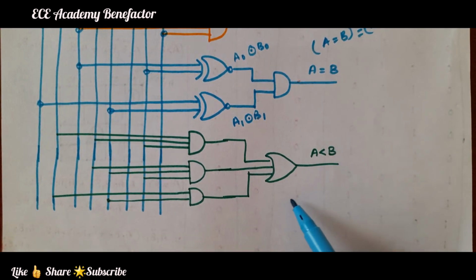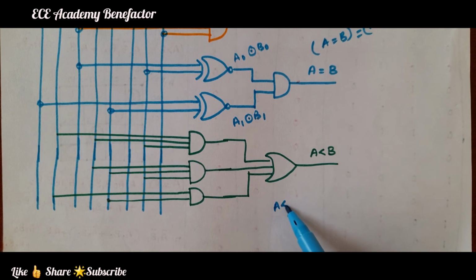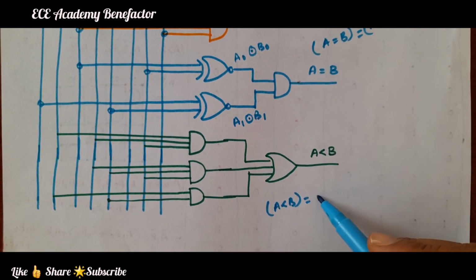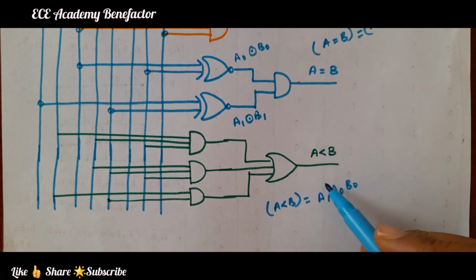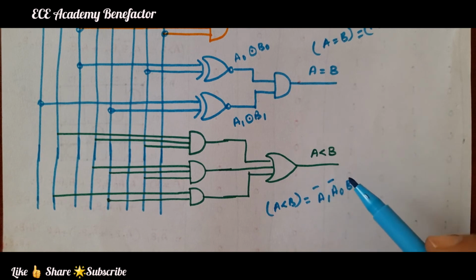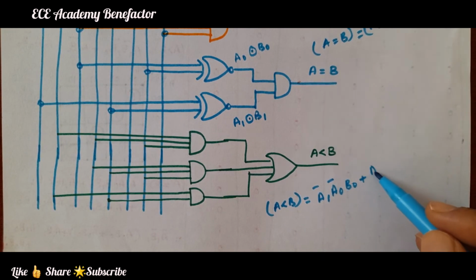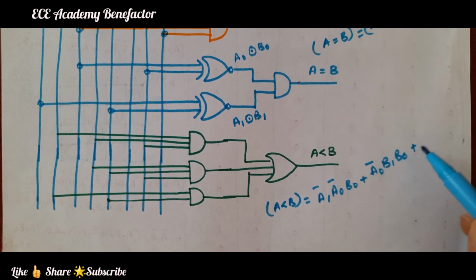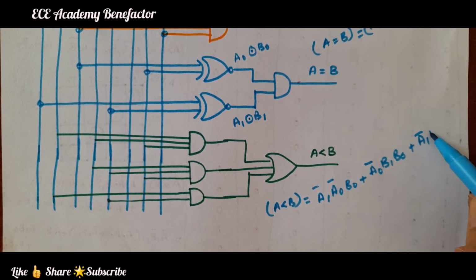Now let us see the third condition, A less than B. For A less than B, the expression after K-map simplification is A1 bar A0 bar B0 plus A0 bar B1 B0 plus A1 bar B1.